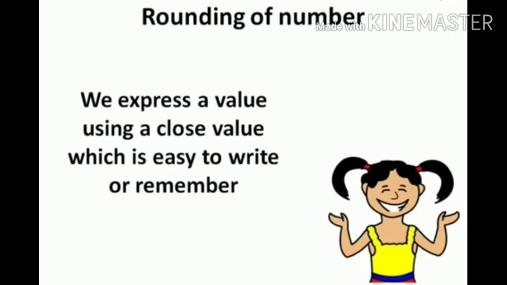No, it is much more than that. Expressing a number by another number near to it, which is simpler to remember, is known as rounding of number, and the expressed nearest value of a number is known as rounded number.